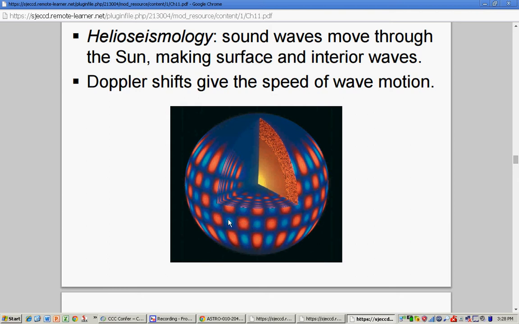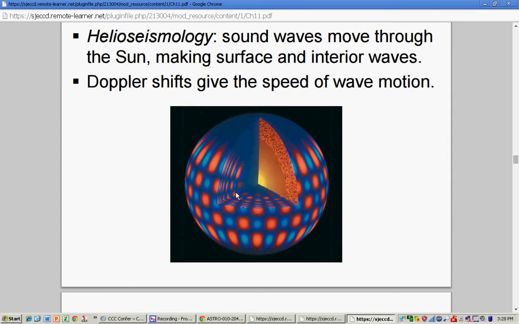There are cells moving towards the observer and cells moving away, so we have red shift and blue shift, and this can only take place if the entire internal region of the sun is undergoing this multi-mode pulsation.